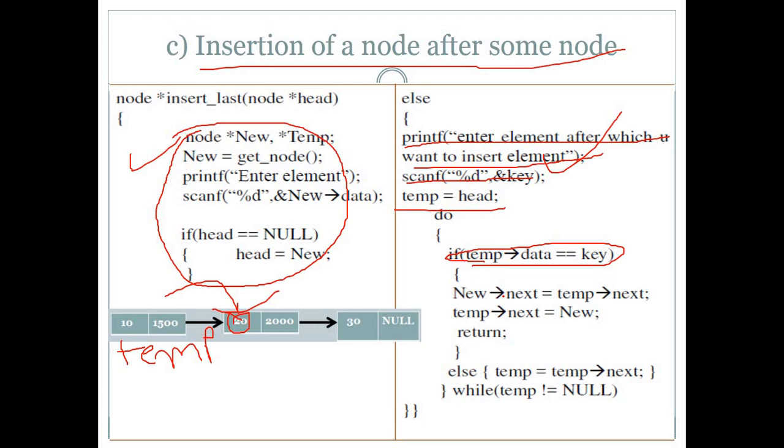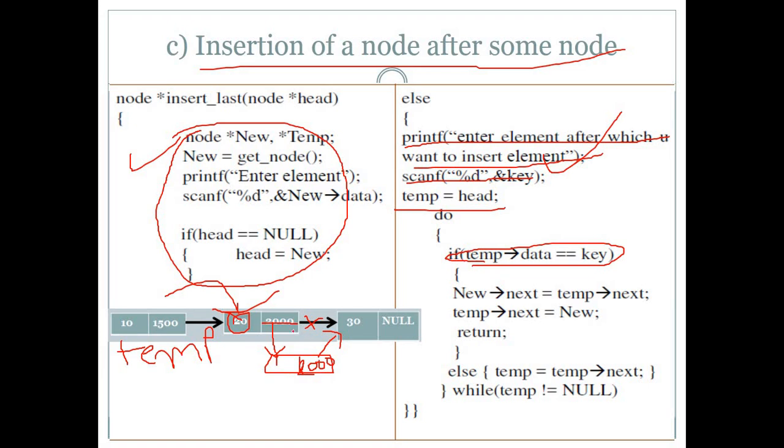Then new next will be temp next, meaning temp next is equal to 2000, so we will put 2000 here. We will do temp next is equal to new. Here temp next is equal to new. This will be cancelled and this will be done. Okay, so now 10, 20, after this node, and now this node.